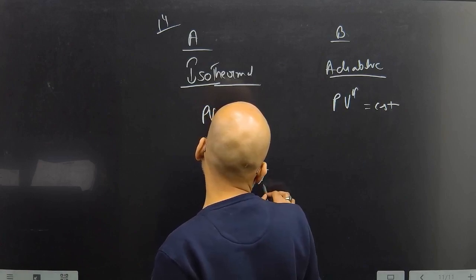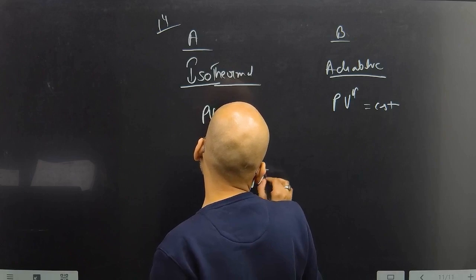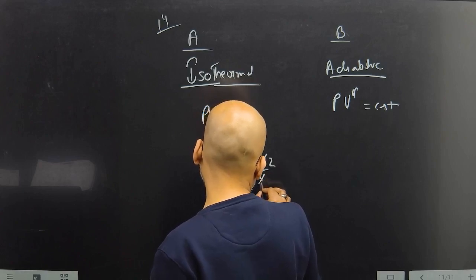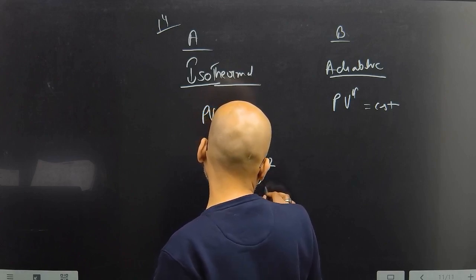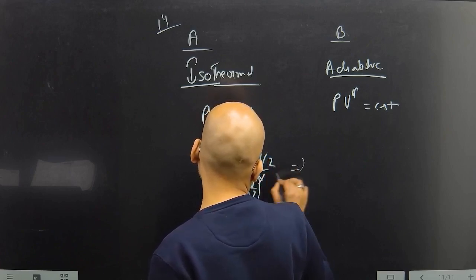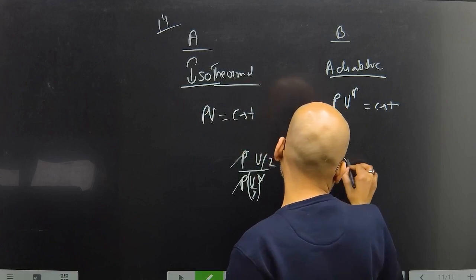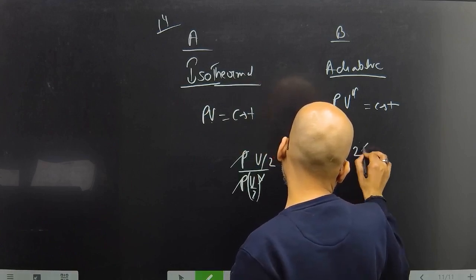It is half, so 2 to the power gamma, and it is V by 2, V by 2 to the power gamma. P gone. So pay attention, V by 2 into 2 to the power gamma.